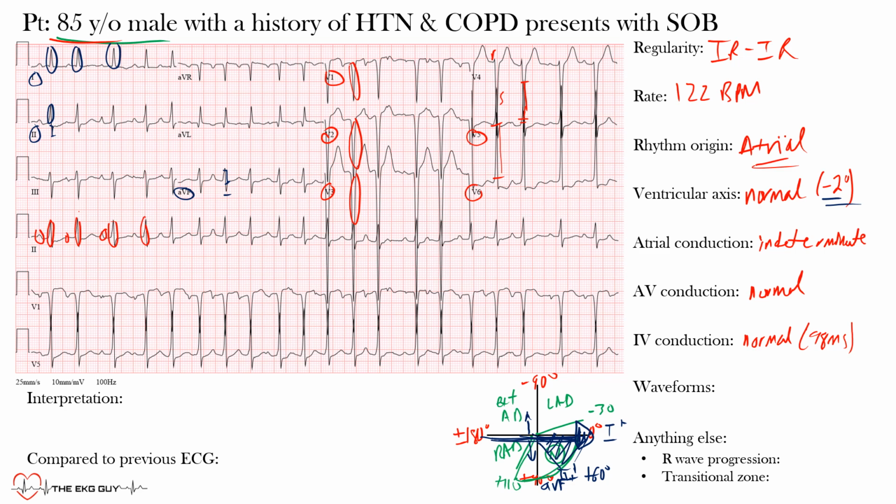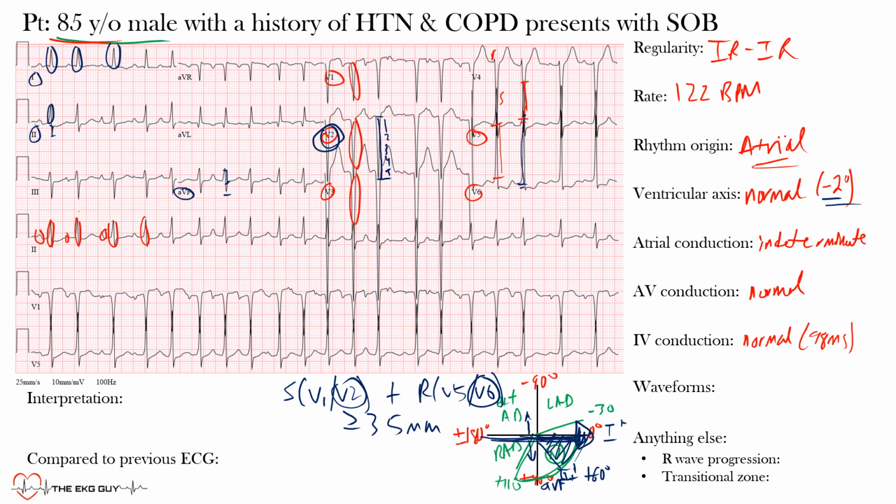So remember, the criteria that you should take away here is that an S wave, in this case a Q wave, in V1 or V2, whichever is deeper, and we're using V2 here. If we take this Q wave and count up these big boxes, 2, 3, 4, 5, and add that to the largest R wave in V5 or V6, in this case we can use V6 because it's the tallest here, so from top to bottom, if that is greater than or equal to 35 millimeters, it suggests that we have the voltage criteria for LVH met.